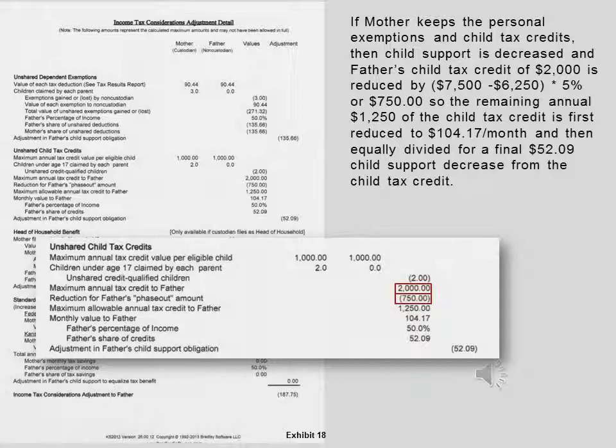So the remaining annual $1,250 of the child tax credit is first reduced to $104.17 per month and then equally divided for a final $52.09 child support decrease from the child tax credit.